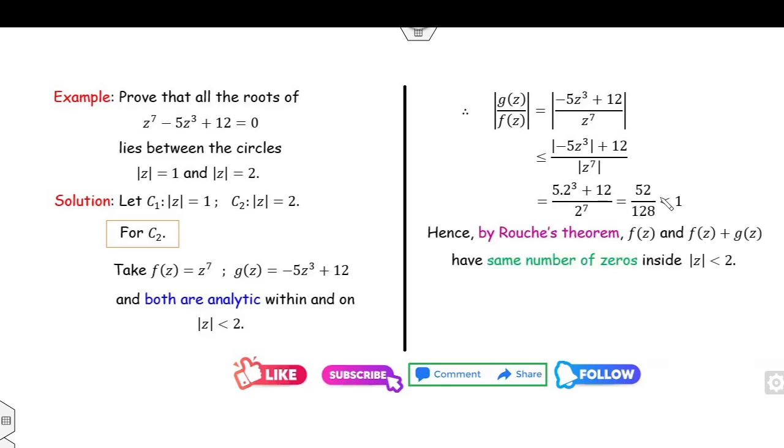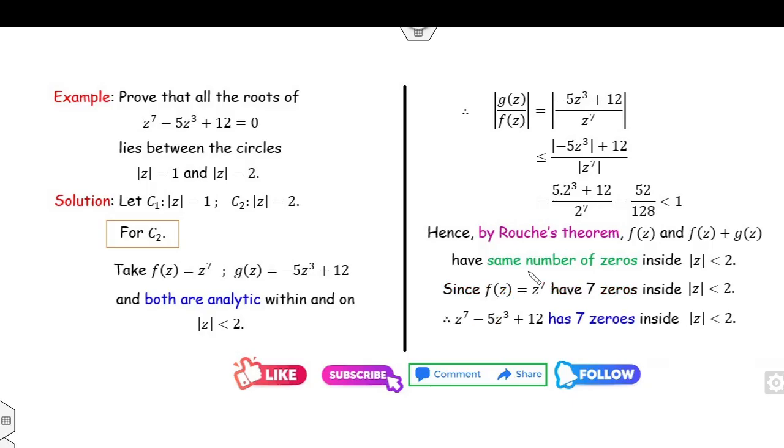So by Rouche's theorem, both f and f plus g have the same number of zeros. But can you find the number of zeros of f(z)? How many zeros are there? It has 7 zeros, because the degree is 7. Therefore the given function also has 7 zeros.